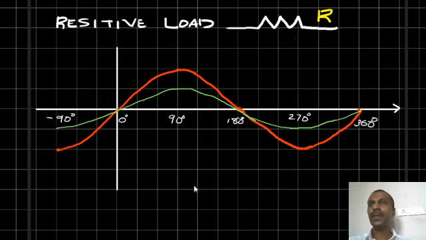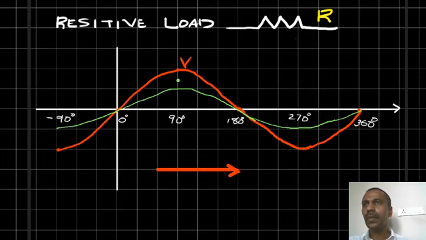We'll see what is meant by power factor. Now we consider a resistive load. Now see, this is the voltage waveform, and this voltage waveform can be represented by a vector, and this is your current waveform. Now look at the starting point of voltage and the current.